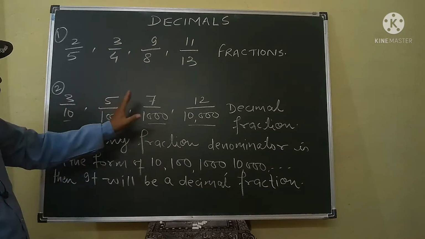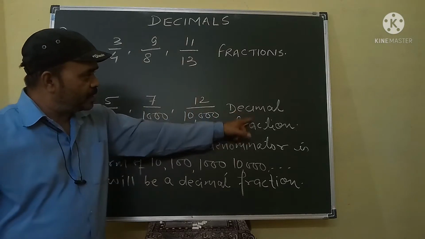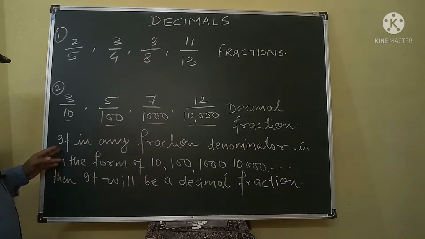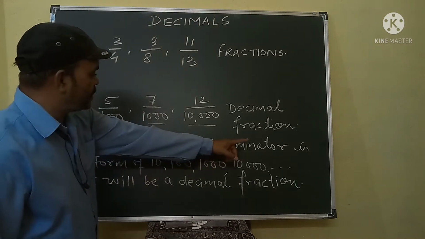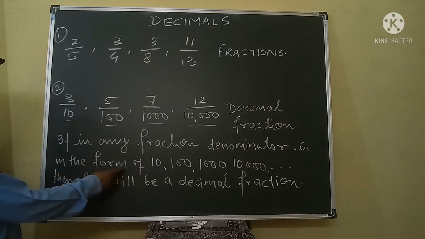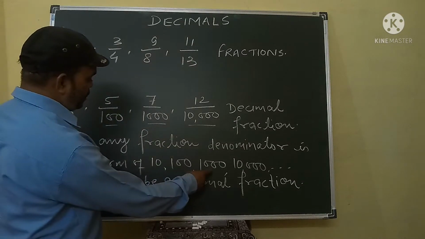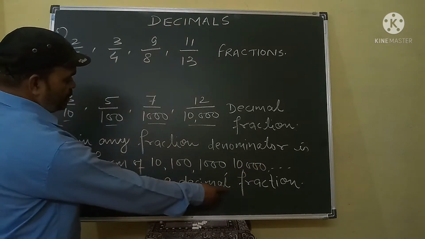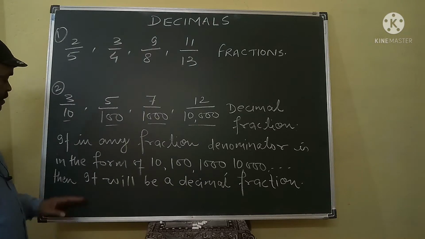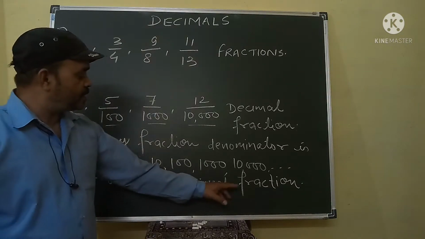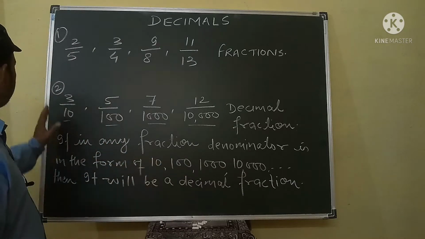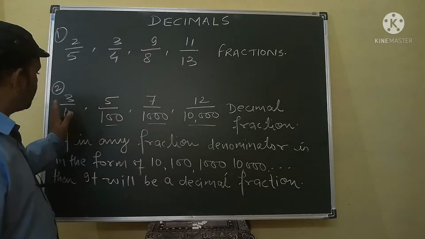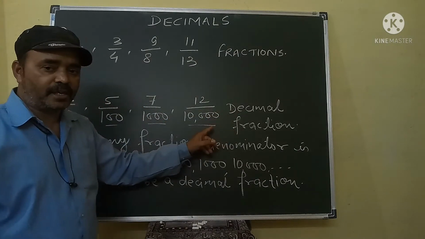So these type of fractions are called decimal fraction. The definition is, if in any fraction denominator is in the form of 10, 100, 1000, 10,000, then it will be a decimal fraction. So all these in the second example belong to decimal fraction.